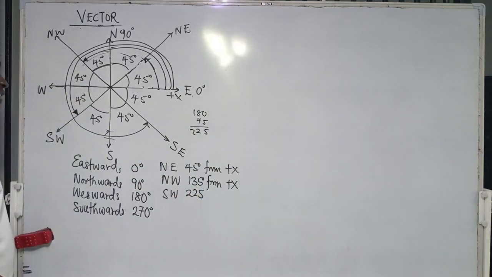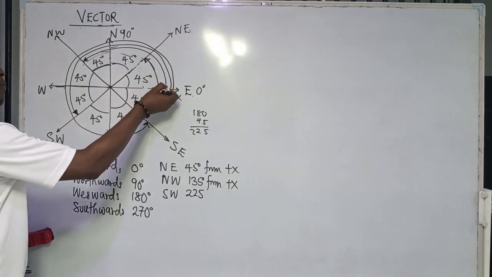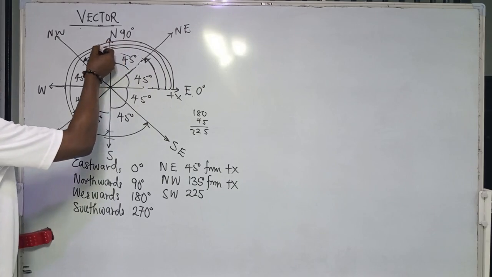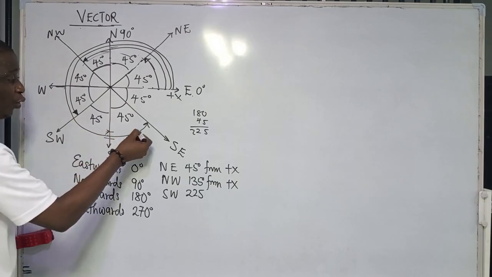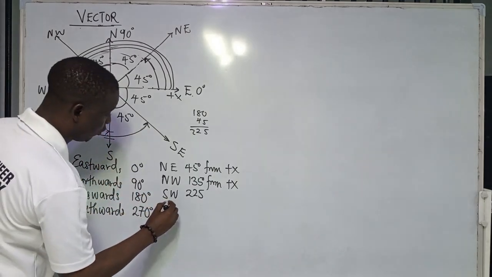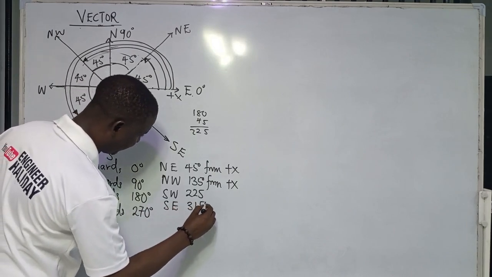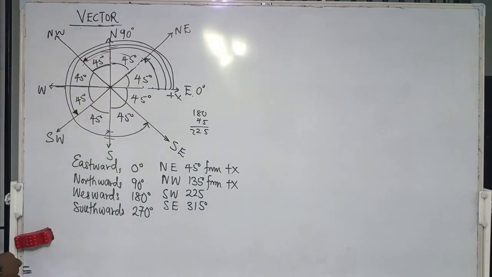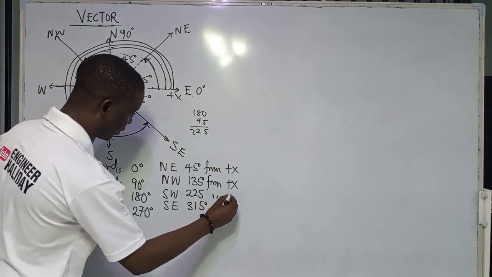Then the last one is southeast. From here to this place, 90 plus 90 is 180, plus 90 is 270, plus 45 is 315. So southeast is 315 degrees. Just add 270 plus 45, and you get 315 from the positive x direction.